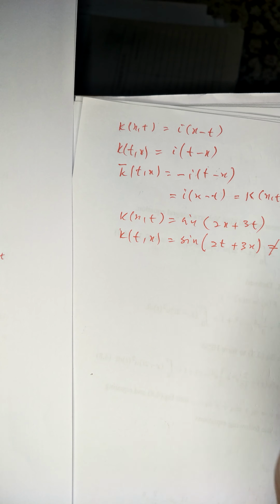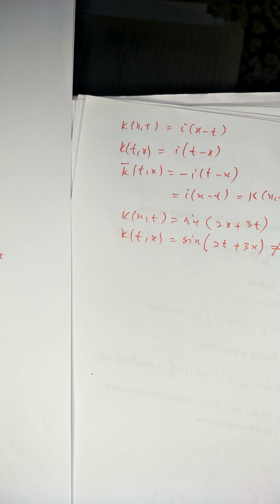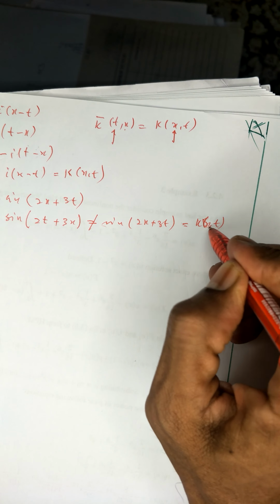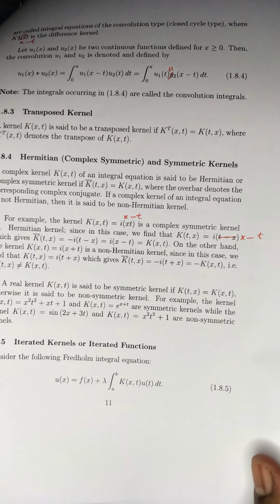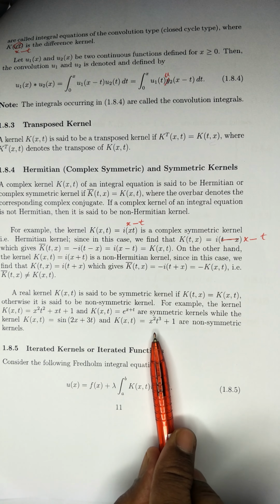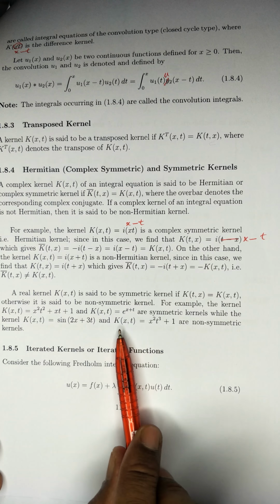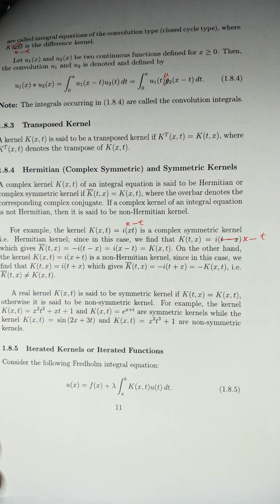Definitely this is not equal to sine(2x + 3t), so it is not equal to K(x, t). In this case this is a non-symmetric kernel, as well as this one, because if we change the order of x and t, that gives you t squared x cubed plus 1. So they are different.